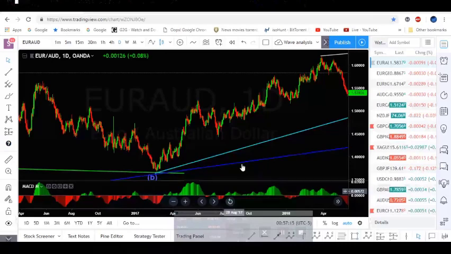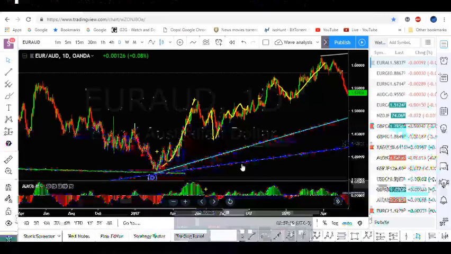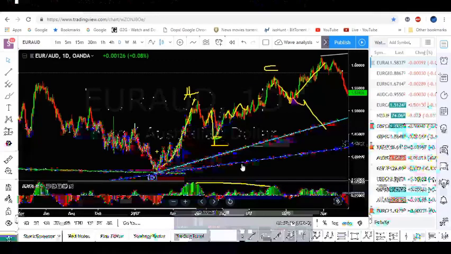Here on the Euro AUD, we had this move, and then we saw this coming back down, and then we saw this, and then this coming back down and going up. So this would have confused a lot of traders. A lot of traders would have mistaken this for an ABC, to basically come back down and reverse or make a bigger correction like that. But that was not the case.